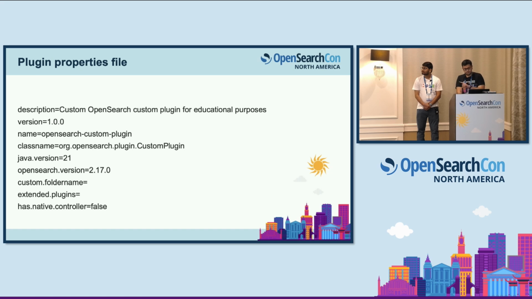Now, the plugin descriptor properties file is a bit important. It tells your plugin service what exactly it is looking at. What happens afterwards, we'll get to that. But yeah, the important things here are the class name. You'll see what class name implements these interfaces, which we had just discussed. The OpenSearch version, here we have just defined 2.17, but you can have it in a range.